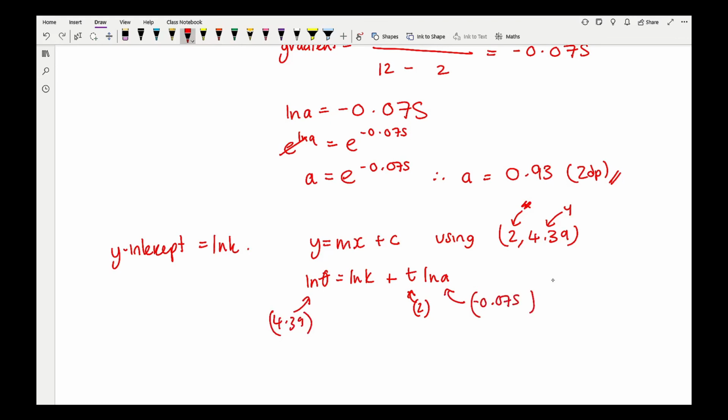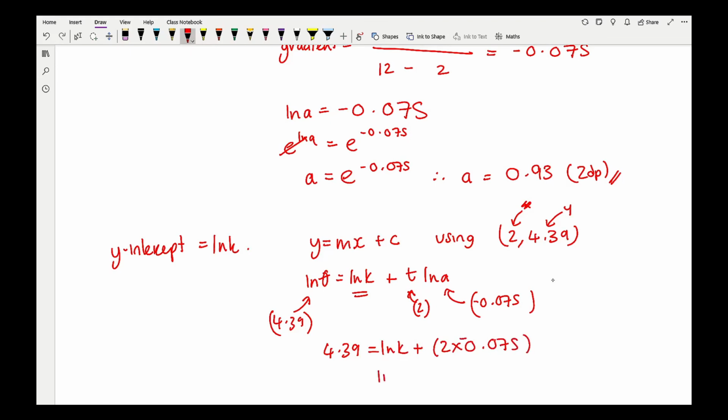Substituting that in, I can work out what ln K is going to be. So I've got 4.39 equals ln K plus 2 times minus 0.075.